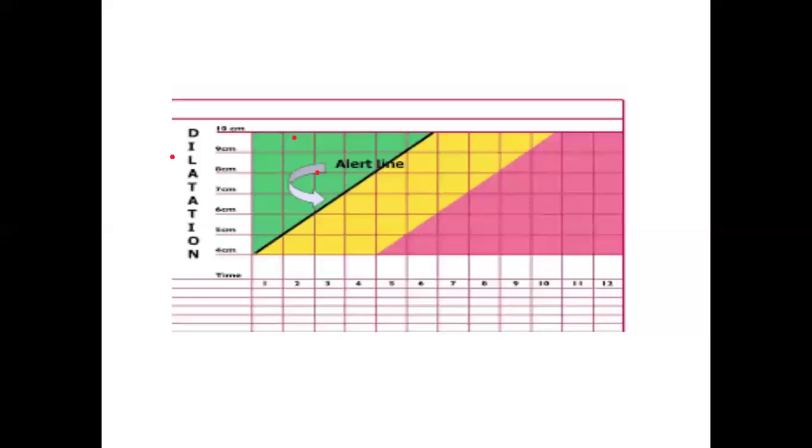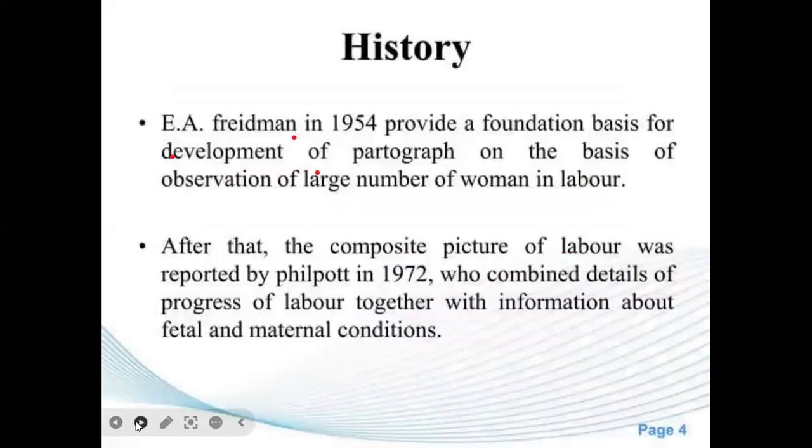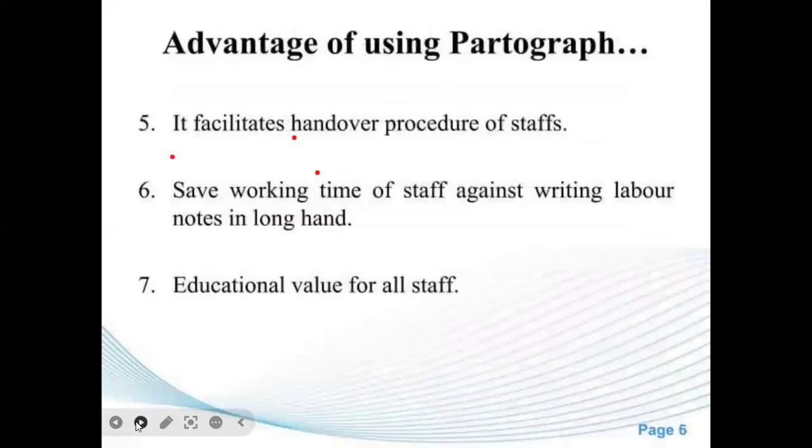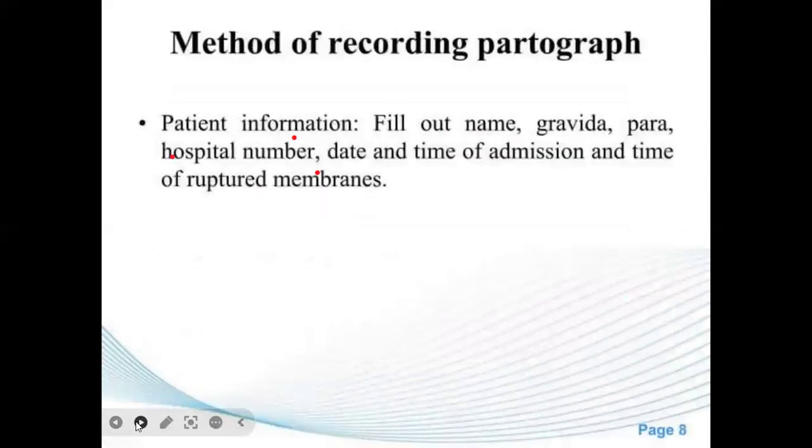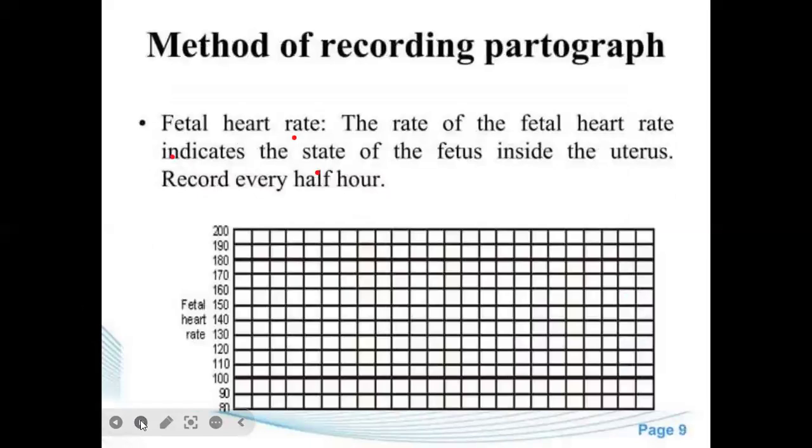For example, dear, let's have a discussion one by one regarding each section. See, the normal FHR of a baby is around 120 to 160. Is that clear? And the small boxes are representing the half hour.